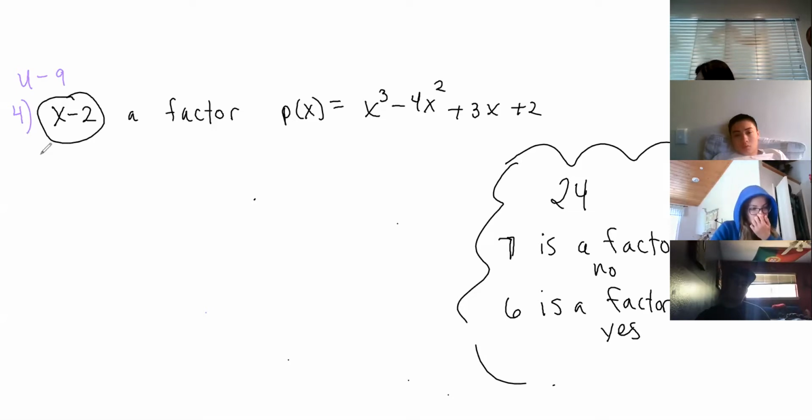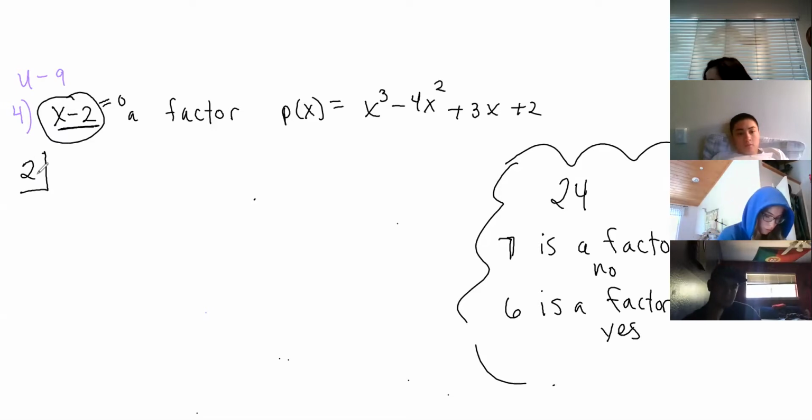If I'm going to use synthetic, what number goes in the box? It comes from here. Would I put in -2 or +2? Set it equal to 0 and solve. +2. And then for the numbers across the top, I use my coefficients in the P of x function, as long as it's in order and all of the exponents are there.